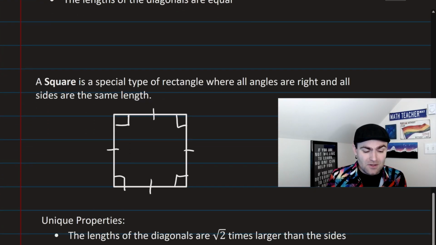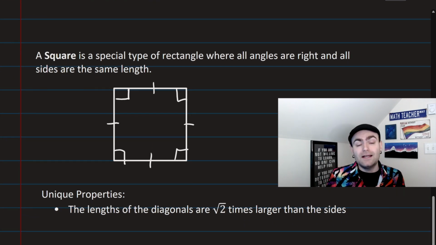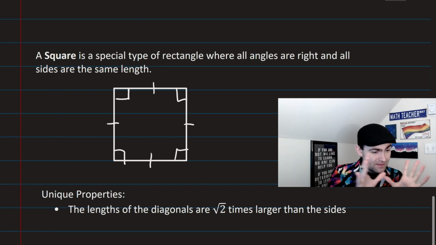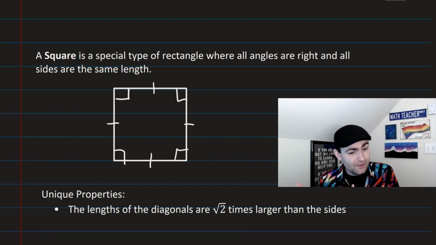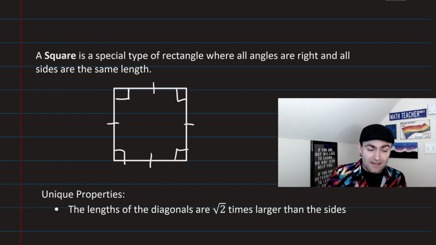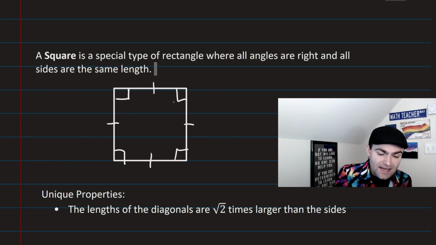The last one we're going to talk about is a square. A square is a special rectangle, so it fits all of the classifications of a rectangle, which fits all of the qualifications of a parallelogram, which fits all of the classifications of a quadrilateral. What makes a square unique, the one thing that it gets above everything else, is that the sides are all the same length, that's part of the definition, but also the diagonals that we drew before all have a specific length.